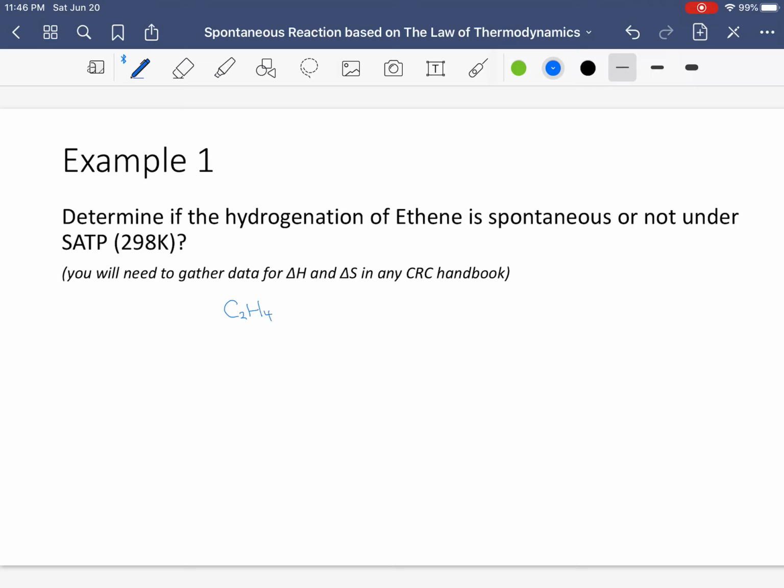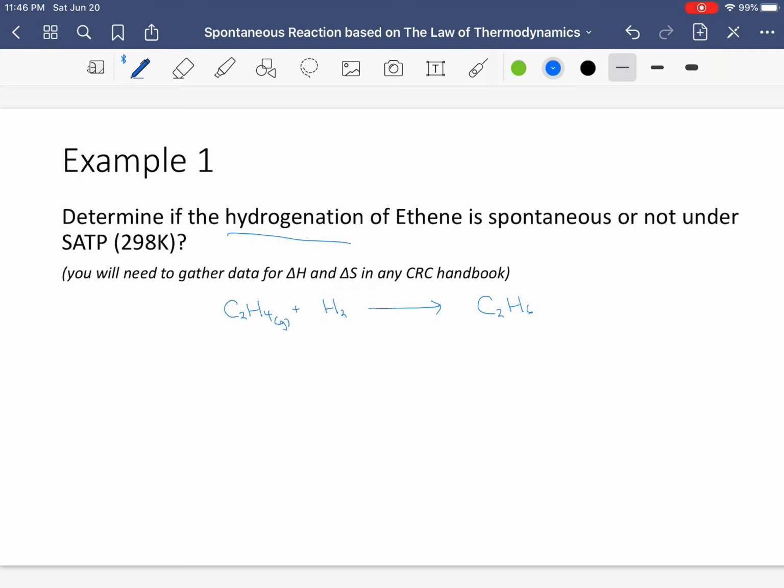What am I going to do to it? Well, it says I'm going to hydrogenate it. So I'm reacting C2H4 with hydrogen gas. What am I going to get? You're going to get C2H6. The double bond here will break. As a result, you have an alkane.